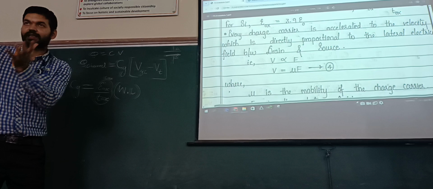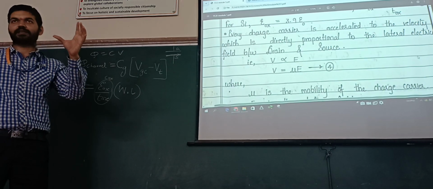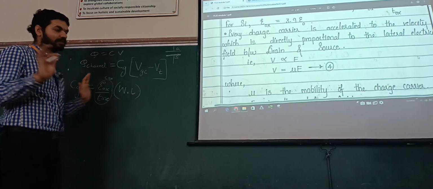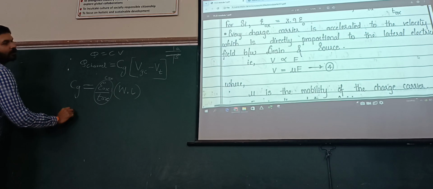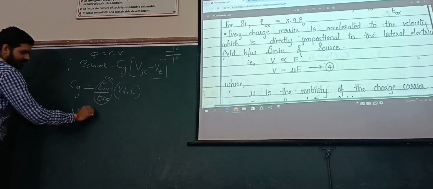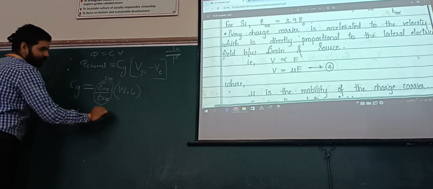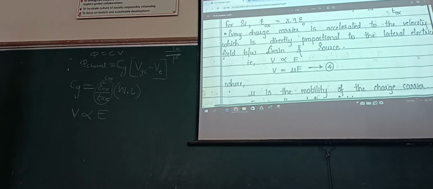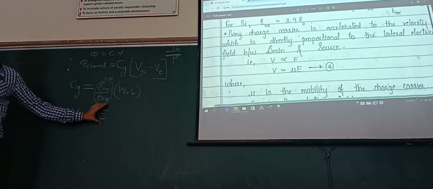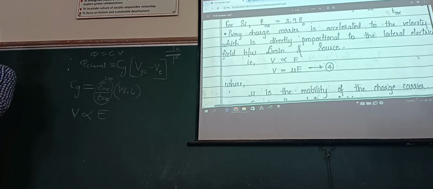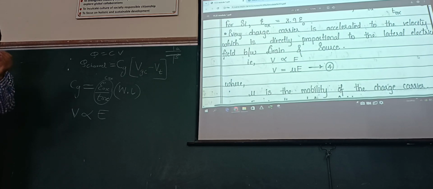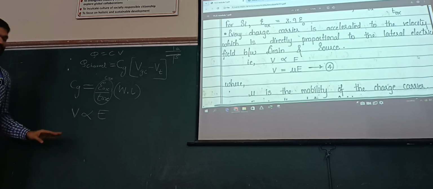The more electric field is formed, the faster it moves. So velocity V is directly proportional to electric field. If the electric field is less, the velocity of the charge carrier or the electron will be less.